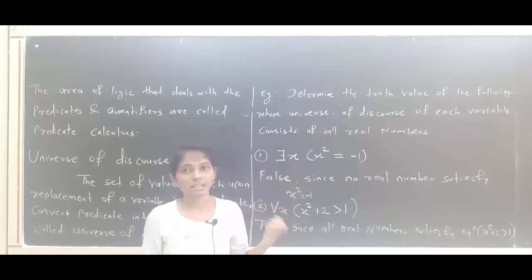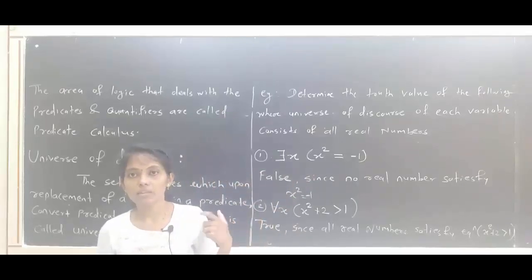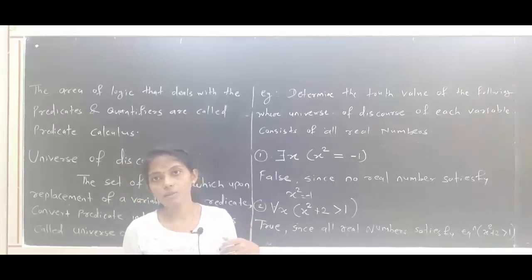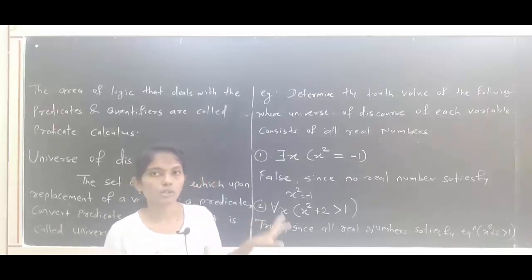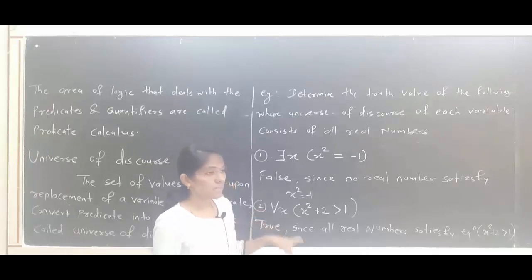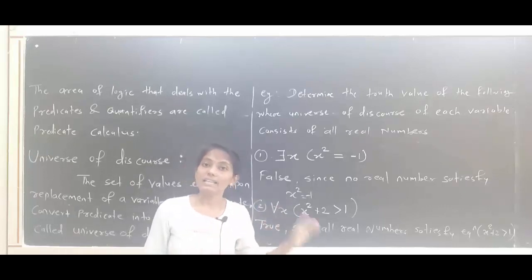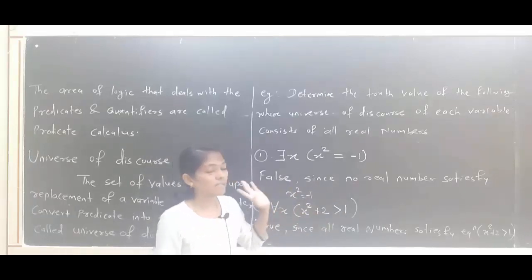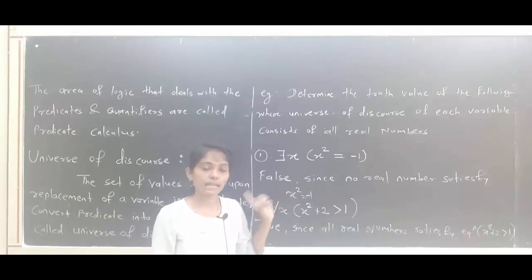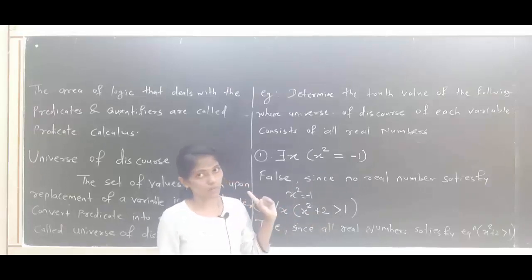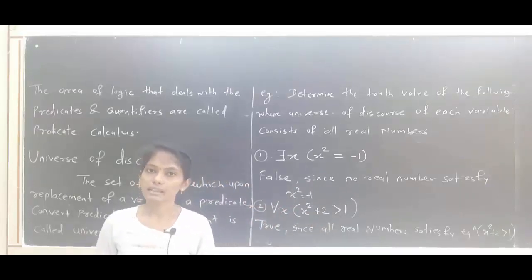Then we say that the value of given quantifier is true, otherwise it is false. Okay, and for universal, all x must satisfy this equation, then and only then we say that it is true, otherwise it is false. Get it this?